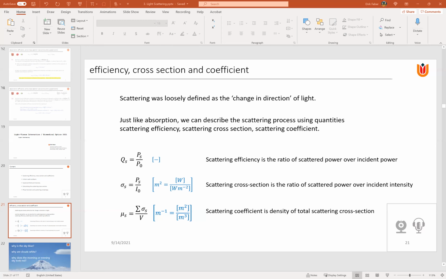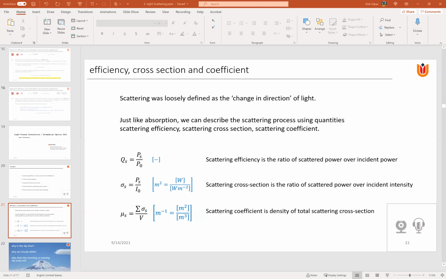So the only thing that was a little bit implicit here is that all the particles had the same absorption cross-section in this case. This is a little bit more general in the sense that we can allow here that the scattering cross-section for individual particles can be a little bit different. Okay.